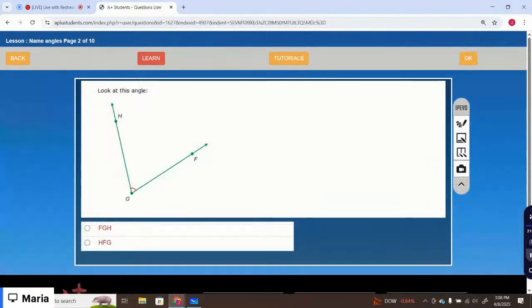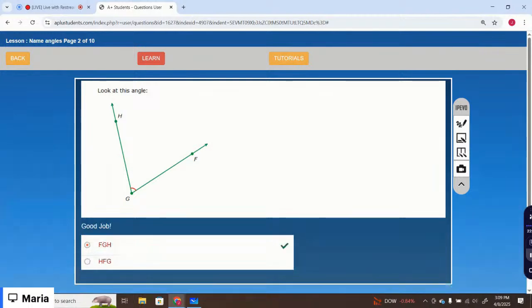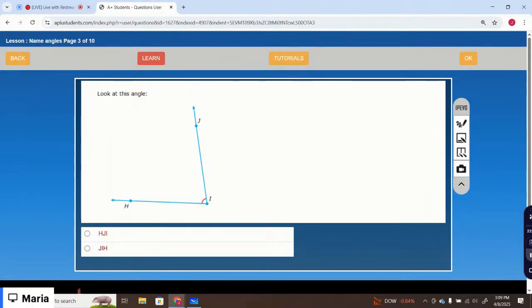Look at this angle. Which is the correct option, one or two? FGH is the correct option because G is the vertex, so that is FGH. Look at this angle, which is the correct option?